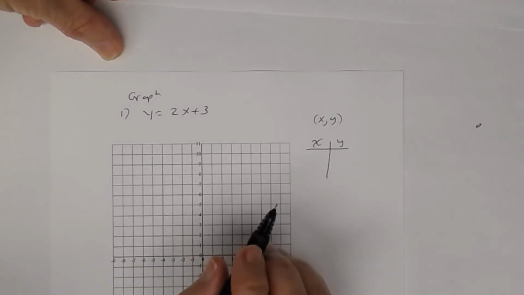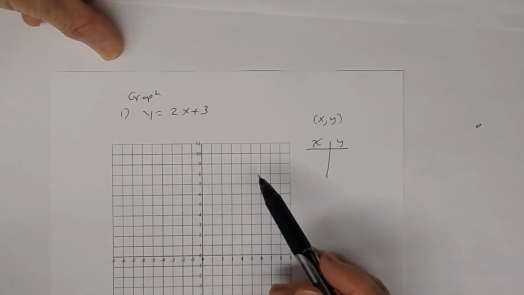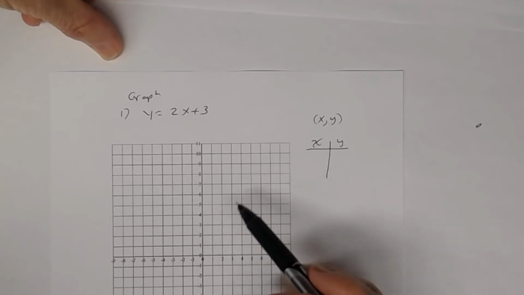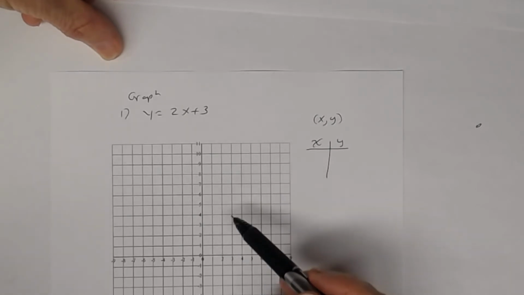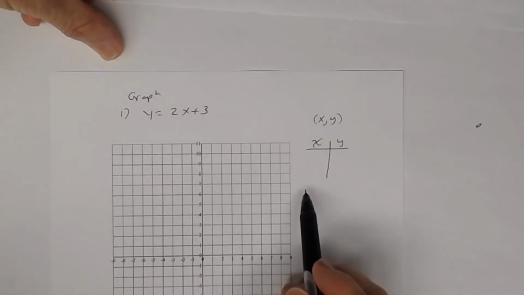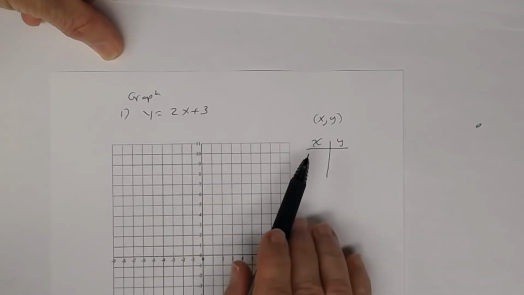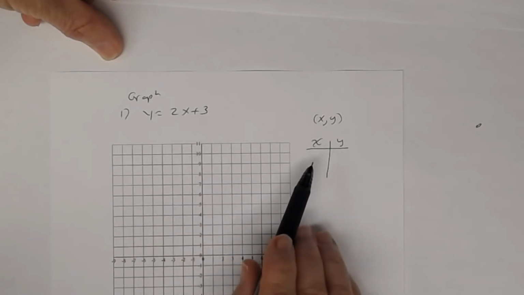So we're going to use 3 points to make sure that all 3 points are collinear, meaning they lie on the same line. Whenever y is by itself, that's the easy kind, and you can use any real number for x.